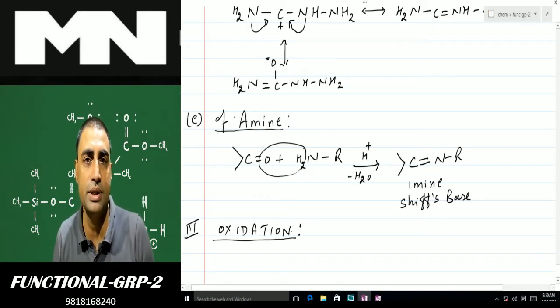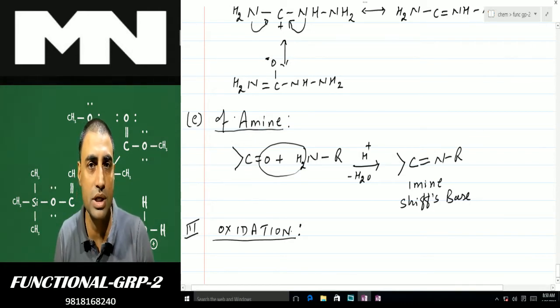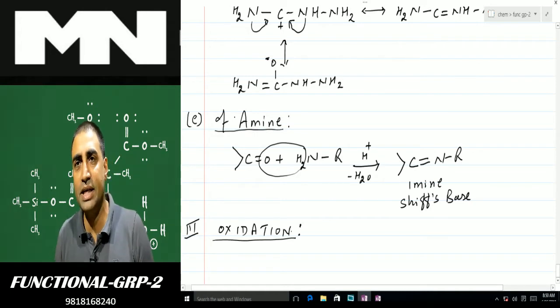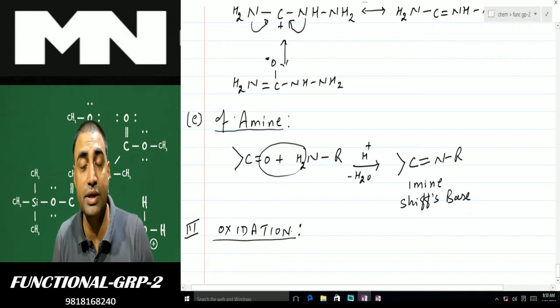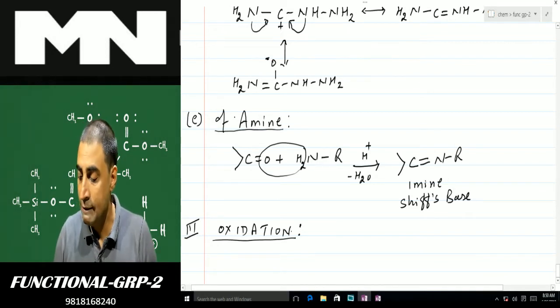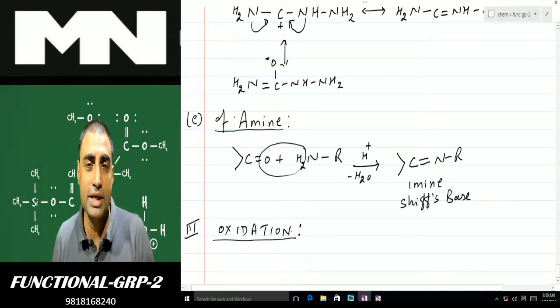Alcohols on oxidation give you aldehydes and ketones. Aldehydes and ketones on oxidation give you carboxylic acids. So in these reactions which we are going to do here, aldehyde and ketone will undergo oxidation and they will give you carboxylic acid.